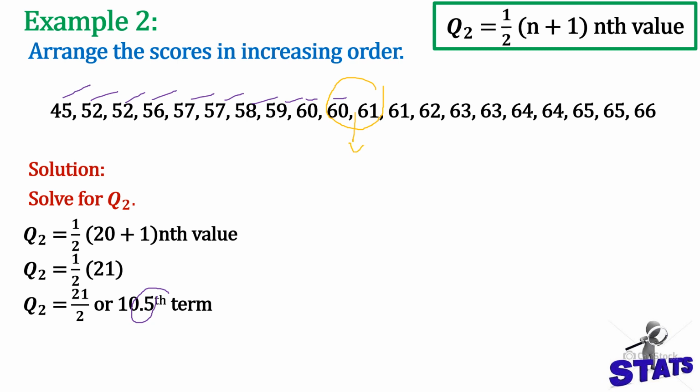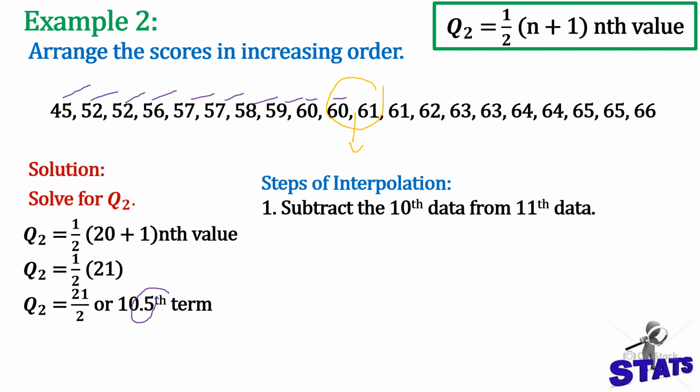Hindi po natin pwedeng sabihin na i-divide na lang po yung dalawa. Okay? Para sigurado po tayo kasi sometimes hindi po eksakto na 0.5, baka 0.75. Okay? Minsan. So, para po masanay tayo mag-interpolate, let's stick to the procedure. Steps of interpolation, yung dalawang data na pang 10 at pang 11. 10 po ito at pang 11 yung pangalawa.